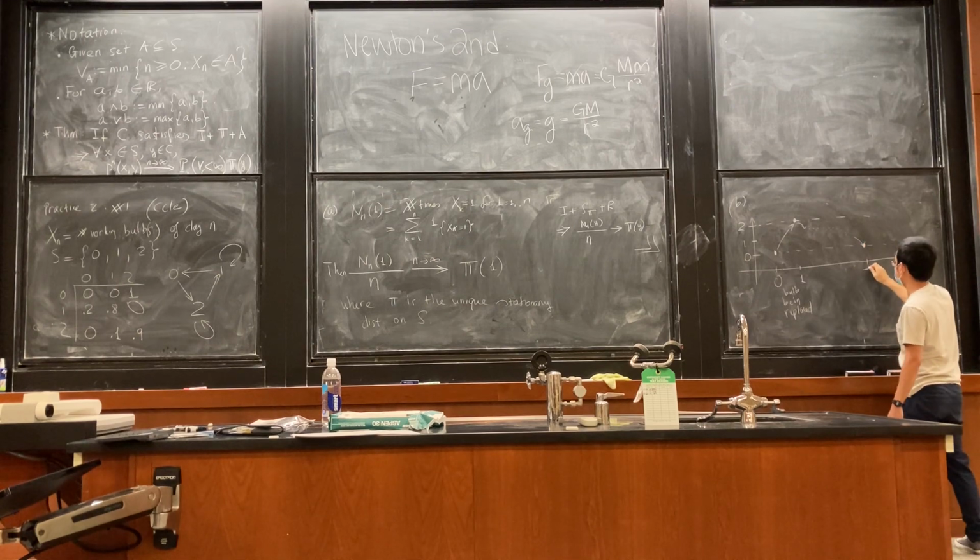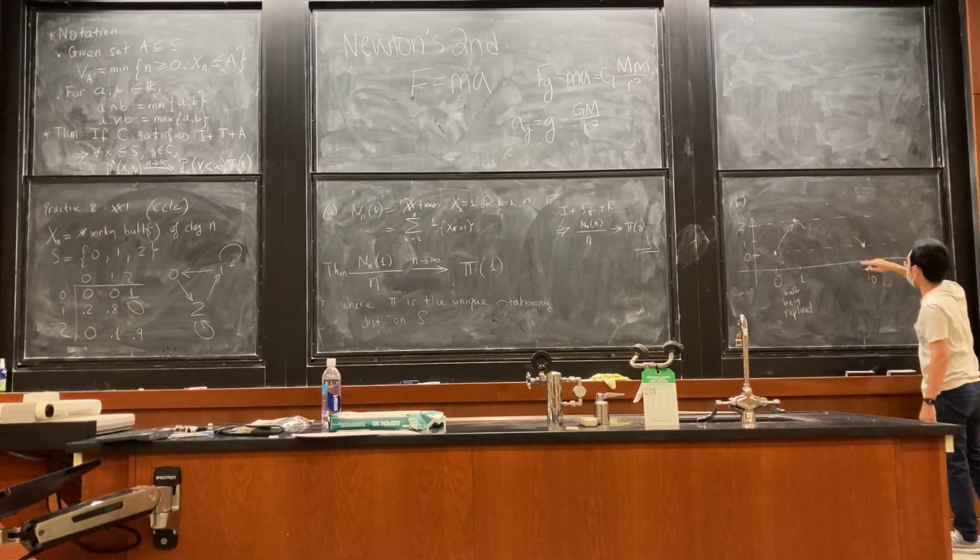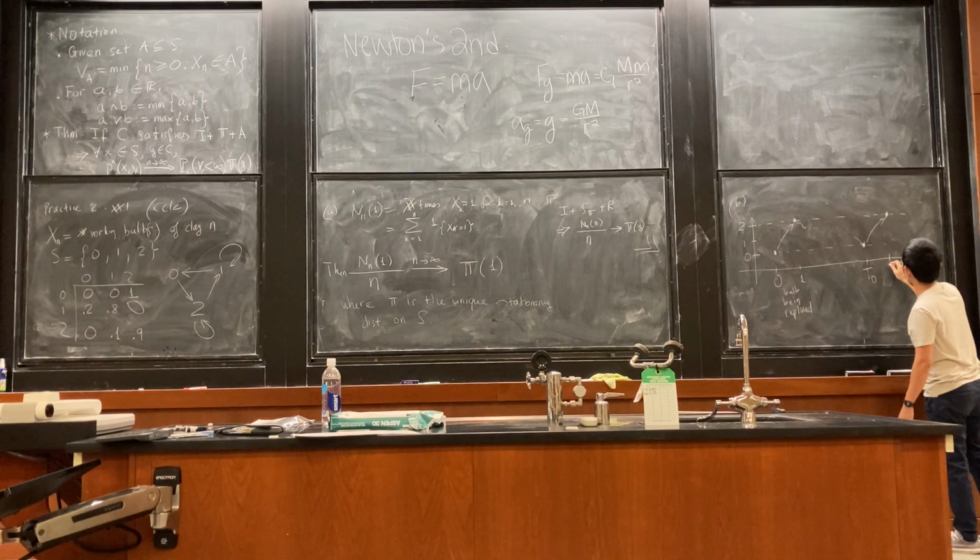So this is T0. And when it hits 0 again for the first time, the following day I will replace the bulb again. So this is T0 plus 1, where the bulb is being replaced again.